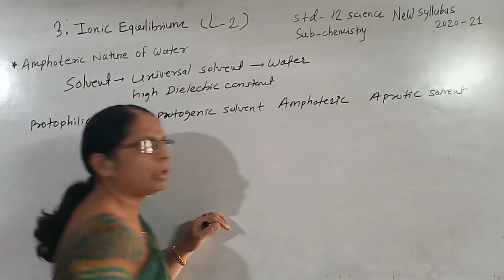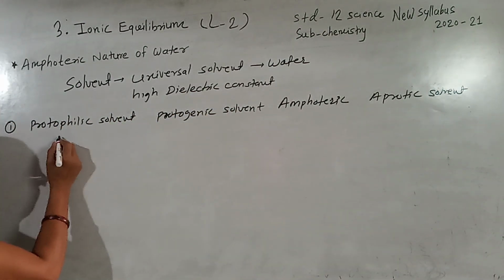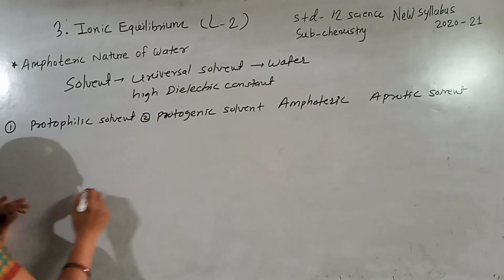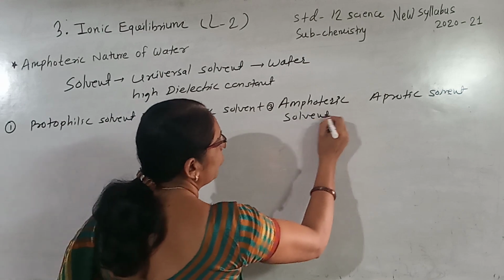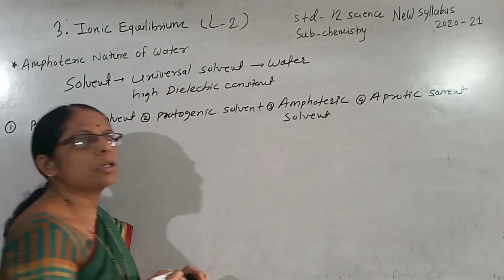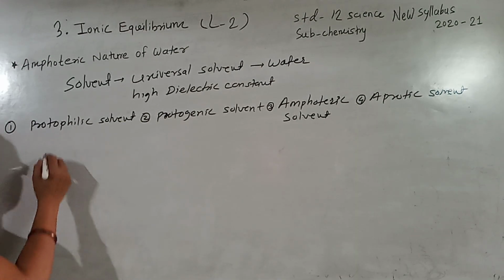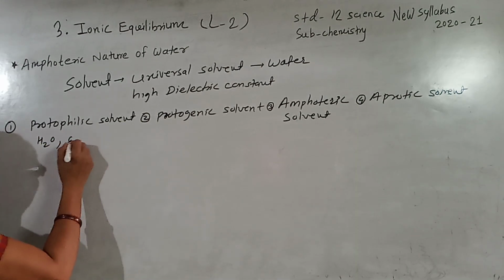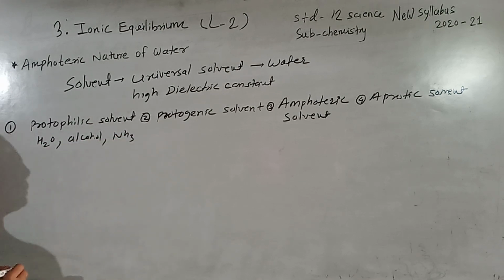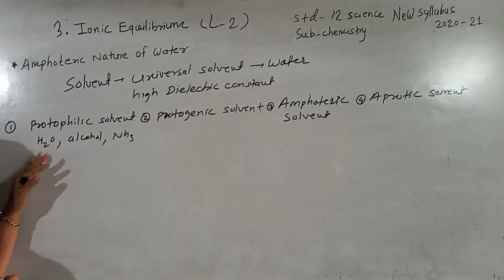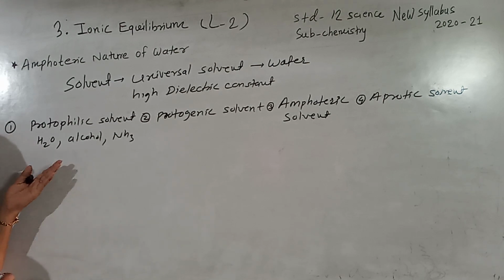So solvents can be categorized into four types: first, protophilic solvent; second, protogenic solvent; third, amphoteric solvent; and fourth, aprotic solvent. Now what is meant by a protophilic solvent? Examples such as water, alcohol or ammonia are called protophilic solvents because these solvents have a tendency to accept protons.